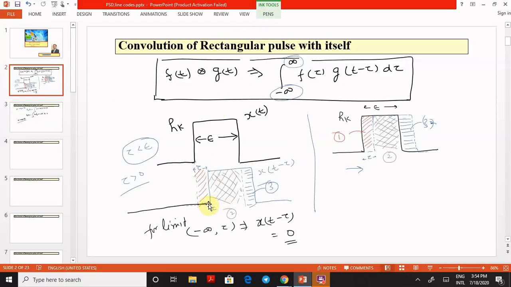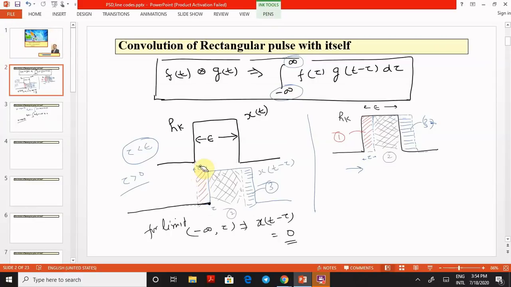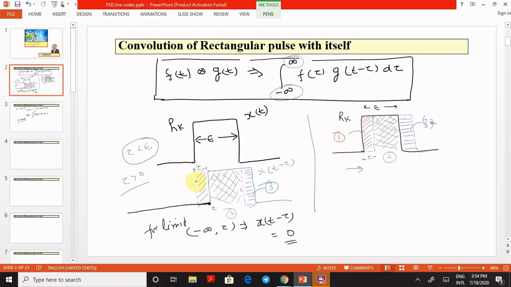And from tau to epsilon, the height of both the pulses is hk. Sorry, this second pulse is also having height hk, right?